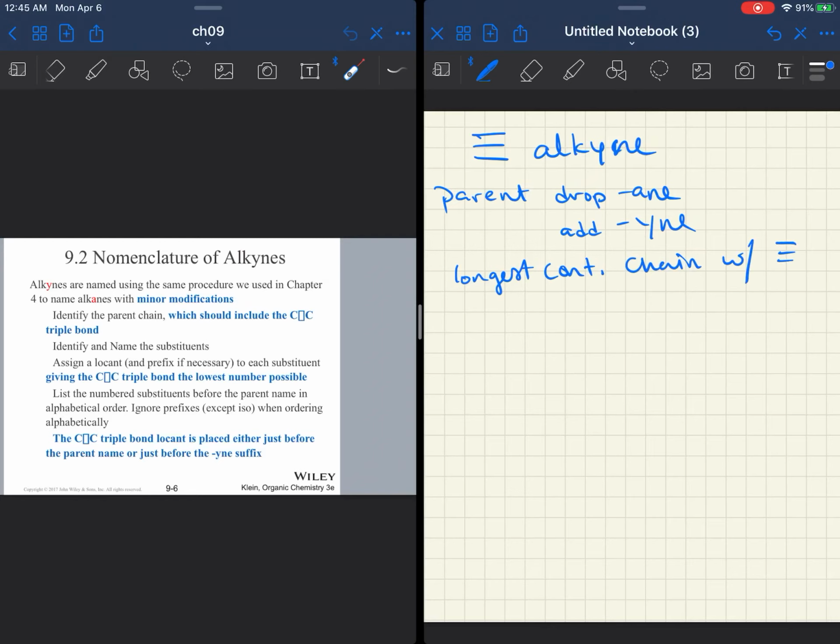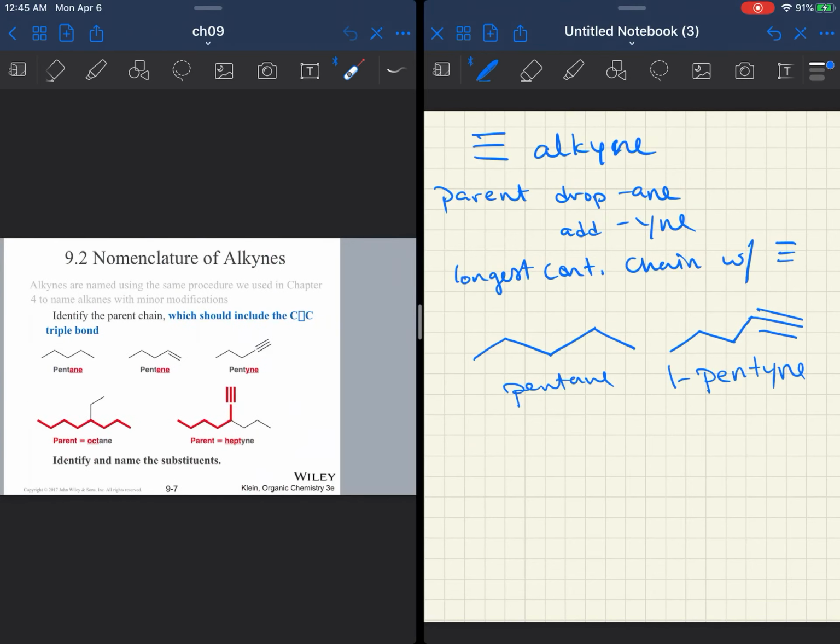And this is going to be the longest continuous chain with the triple bond. So while we might name something like this pentane, right? If we have a triple bond, this is going to be 1-pentyne.